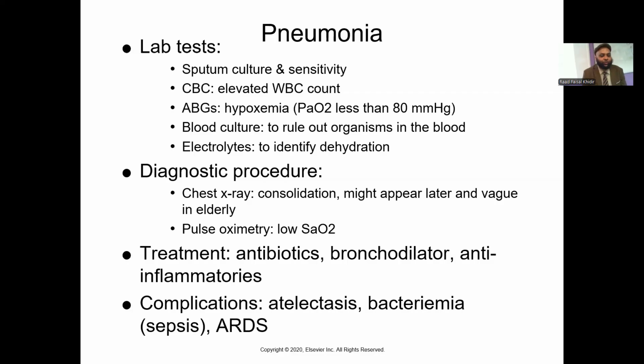Diagnostic procedure: we do a chest x-ray and look for consolidation of the lung, and that may appear later. It's going to be vague in elderly people. We perform pulse oximetry to find out the oxygen saturation level.